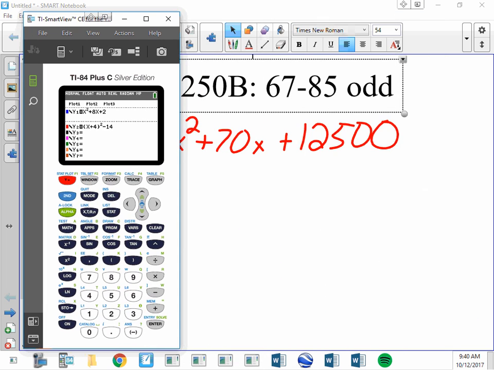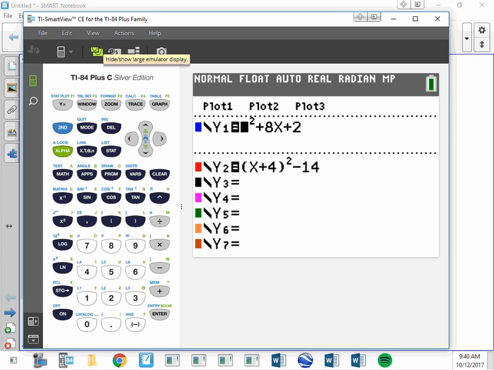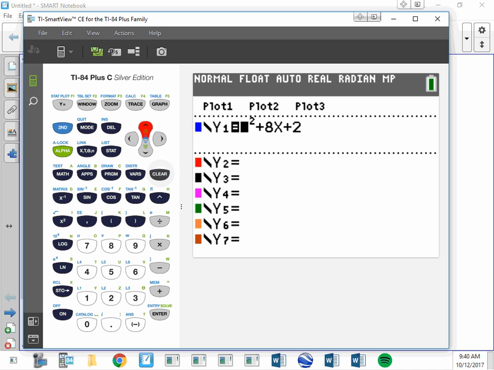I'm going to make this big. So negative 0.0001 x squared, and it's plus 70x, and then plus 12,500. Now, if I graph this in the standard window, I'm not going to see anything.